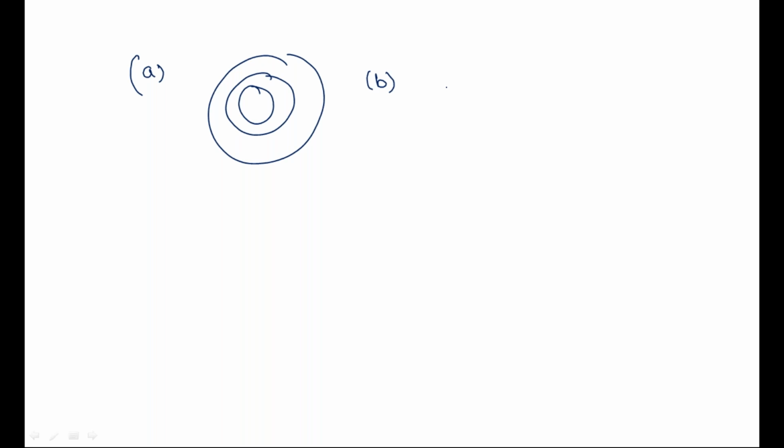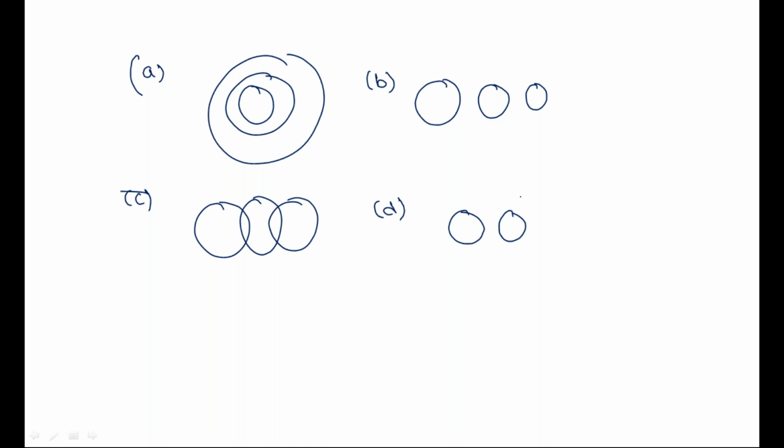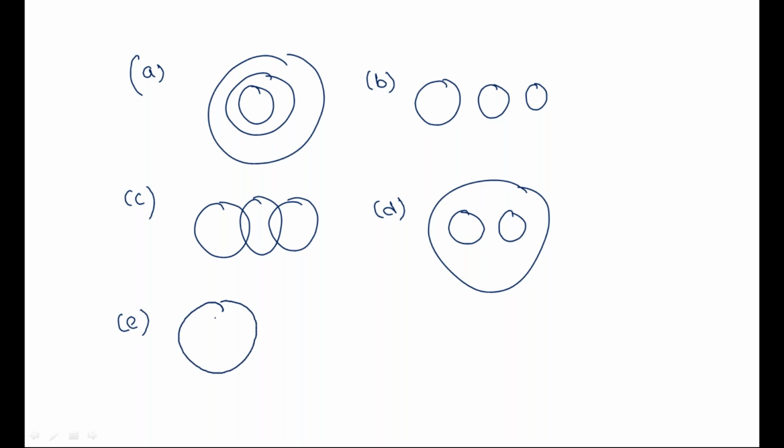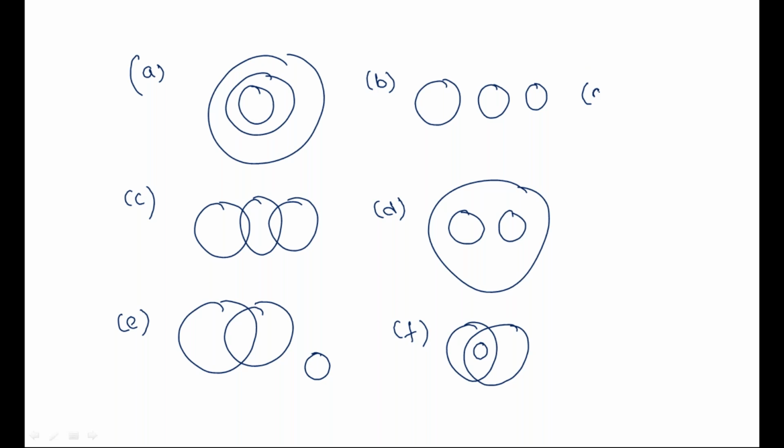Suppose I add some more diagrams: option A is this, option B is this, option C. Don't worry, in the exam they'll give only 4 options or hardly 5 options. I'm just drawing extra here.